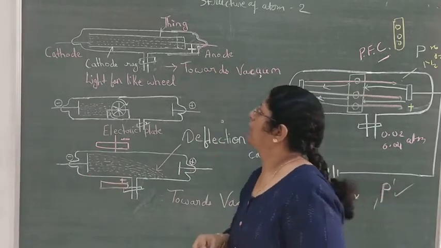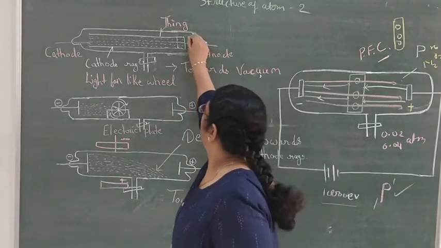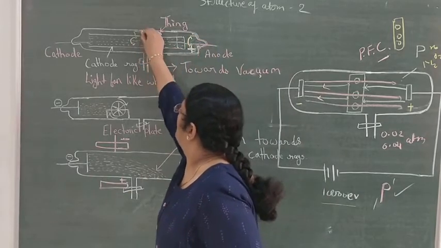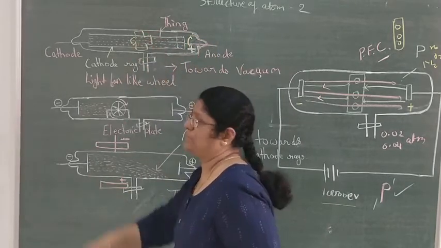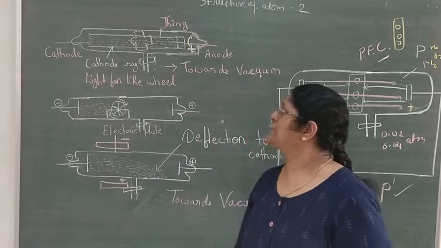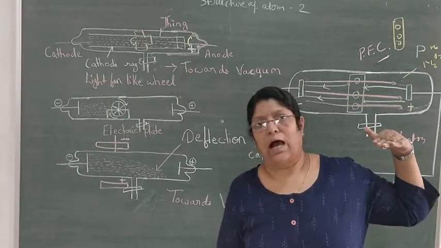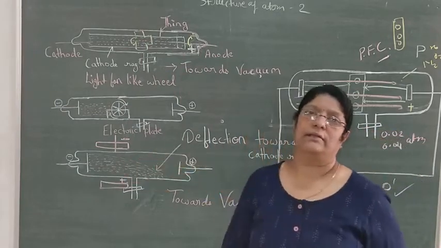If you put any object in their path, you will get the shadow image of that particular object. Formation of shadow image indicates that both the rays are moving straight in their path.